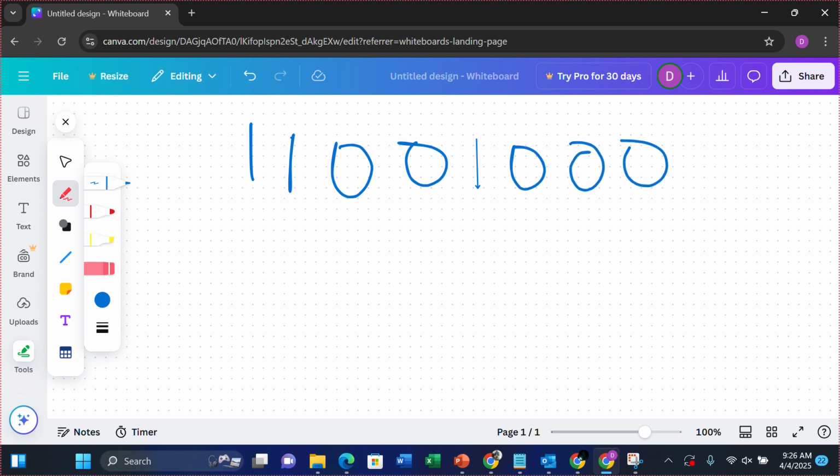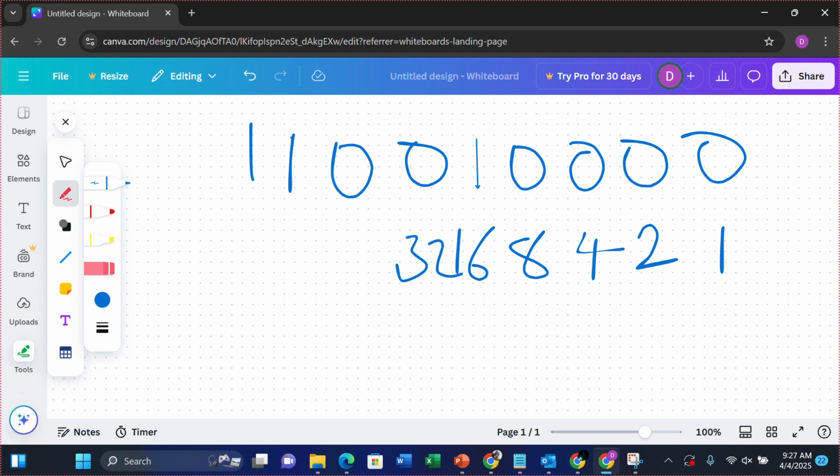And basically we want to convert this to decimal. Same trick. Starting from the 0, just write 1 2 4 8 16 32 64 128 256.